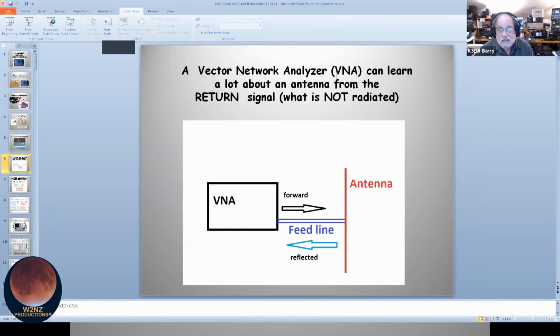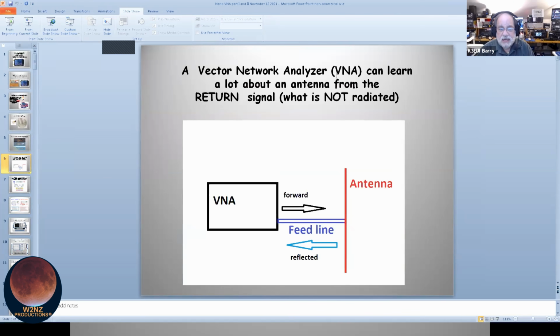So basically, the VNA, Vector Network Analyzer, can send out a signal on a cable, and depending on what that cable is connected to, some information comes back on the same cable, a reflected wave. And in the case of an antenna, a lot of that energy gets radiated and doesn't come back.